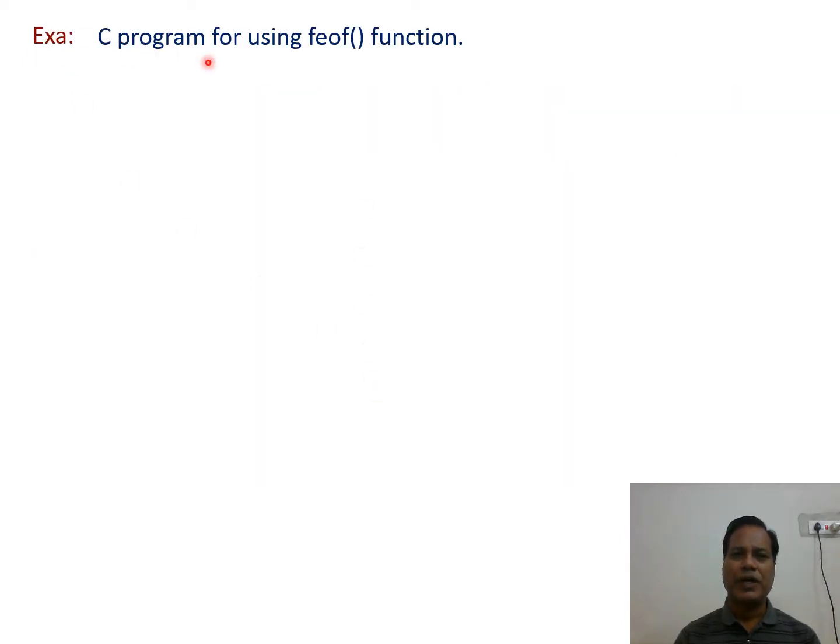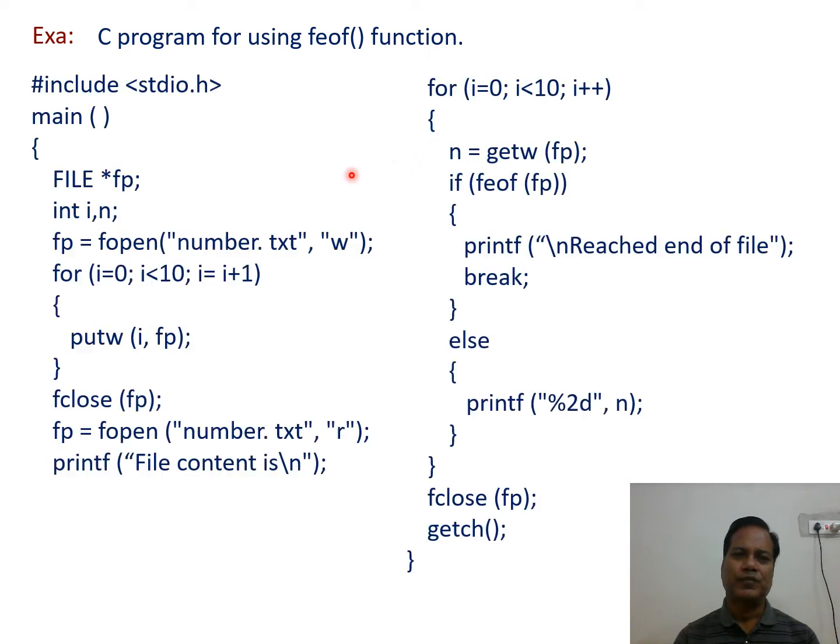Now let us see an example program that uses the feof function. In this example program, using the first statement of the main function, file pointer fp is defined. Then the next statement declares the i and n integer variables.